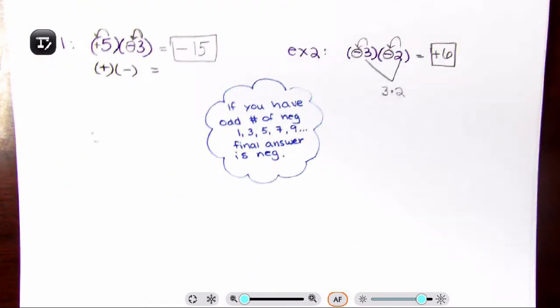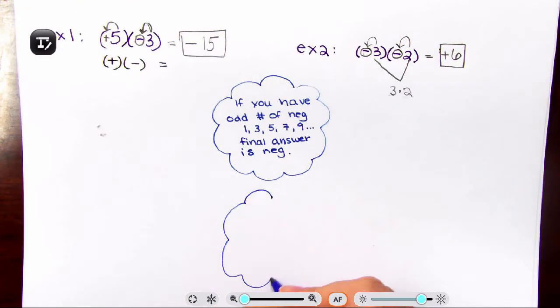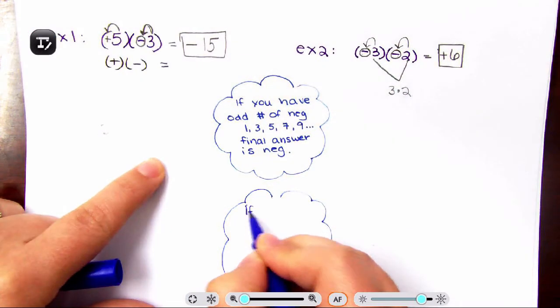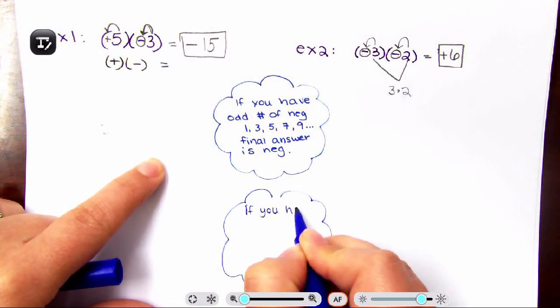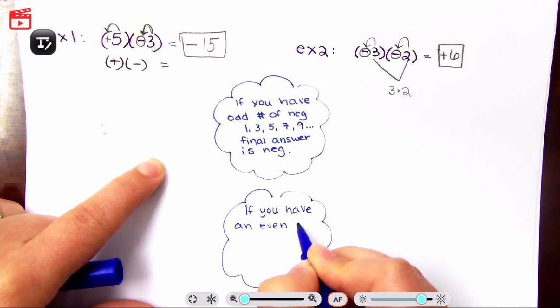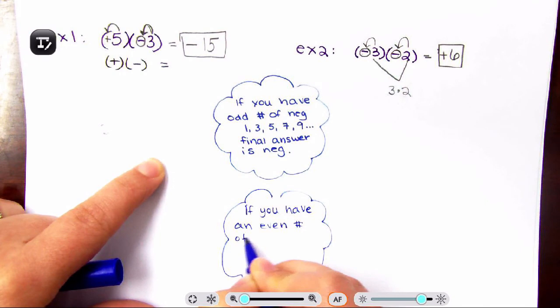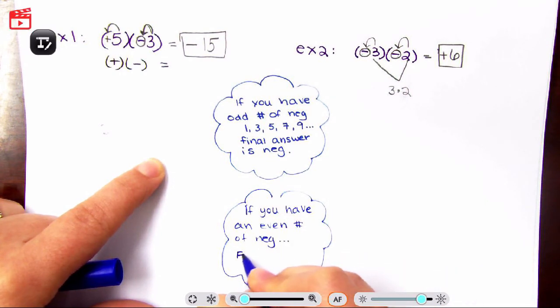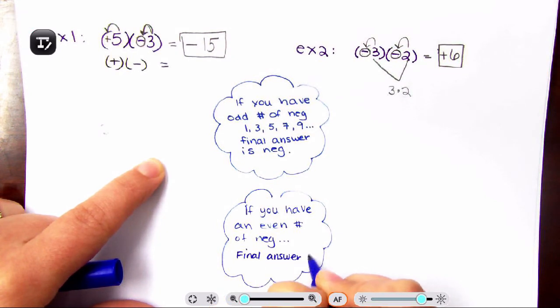Shift that up. We'll do another thinking bubble here. If you have an even number of negatives, the final answer is positive.